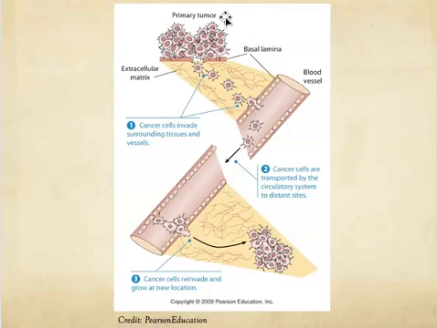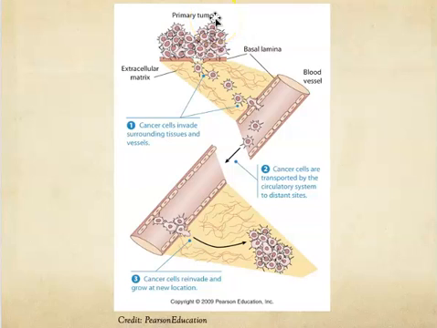Those cells continued to become more and more abnormal. They were progressing in abnormalities until we had a primary tumor, a ball of abnormally dividing cells somewhere in the body.